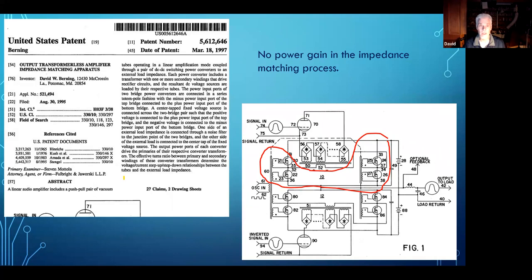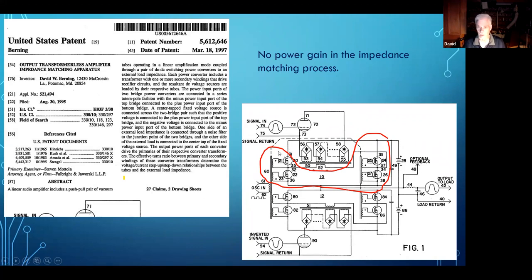Each power converter includes a transformer with one or more secondary windings that drive rectifier circuits, and the resultant DC voltage sources are loaded by their respective tubes. I'm not going to read the rest of it because it just details how it's done.